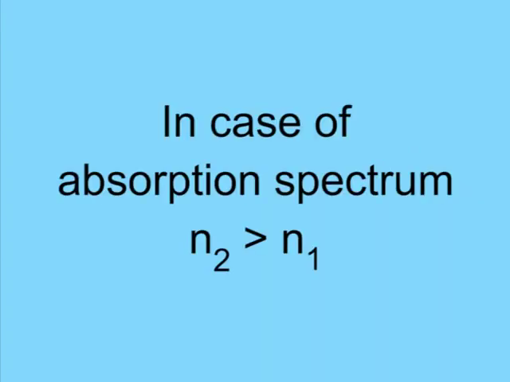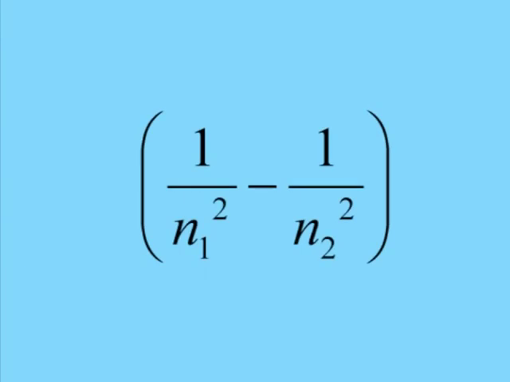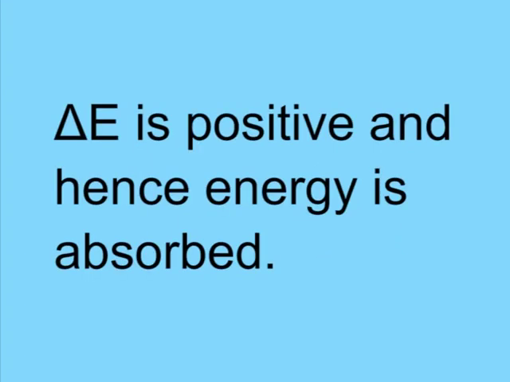In case of absorption spectrum, n2 is greater than n1. The term 1 upon n1 square minus 1 upon n2 square becomes positive, so that delta E is positive and hence energy is absorbed.